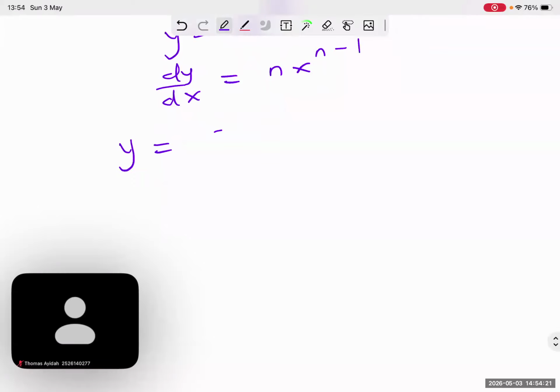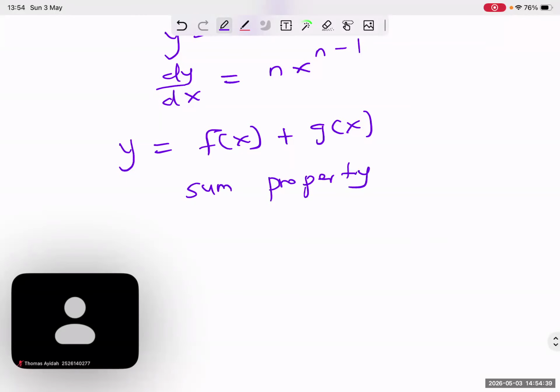Given two functions f of x plus g of x, if the operator between them is the summation operator, then we use the property known as the sum property. The sum property states that we differentiate the first function plus differentiate the second function. We can prove this, we just don't need to do it now.